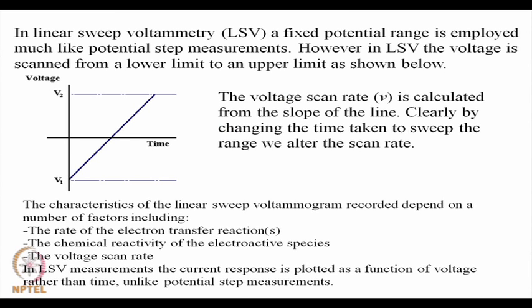So you draw the current potential diagram, the voltammogram, and its characteristics are very much dependent on several factors. One is the rate of electron transfer. You are doing this experiment monitoring some electron transfer reaction at the electrode, so the voltammogram will depend on the rate of electron transfer.